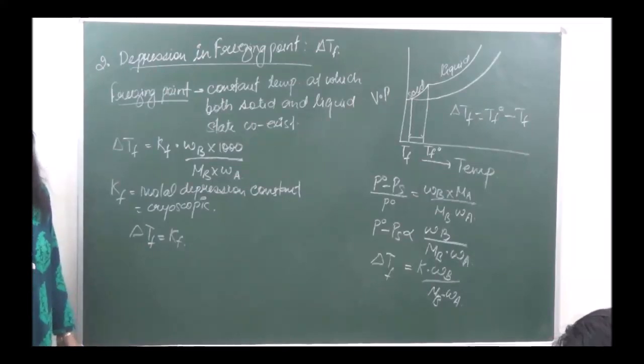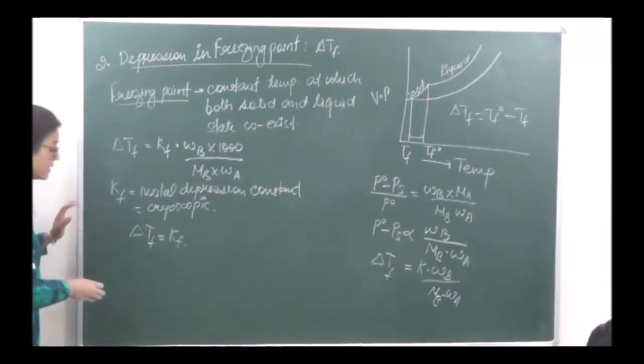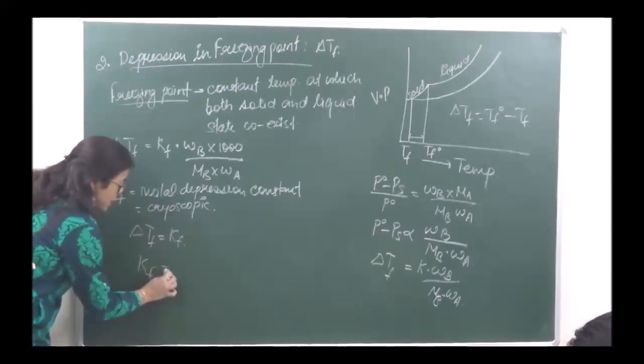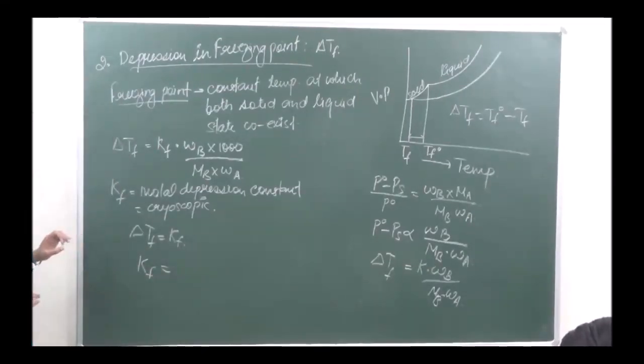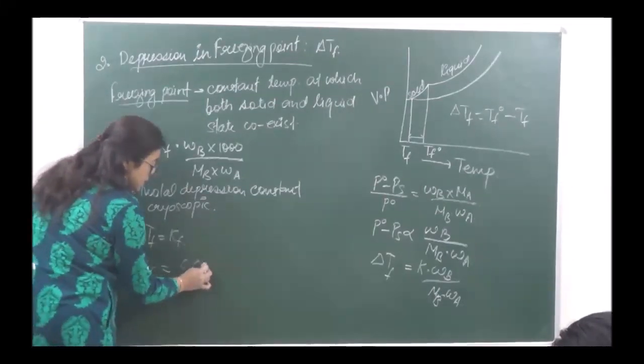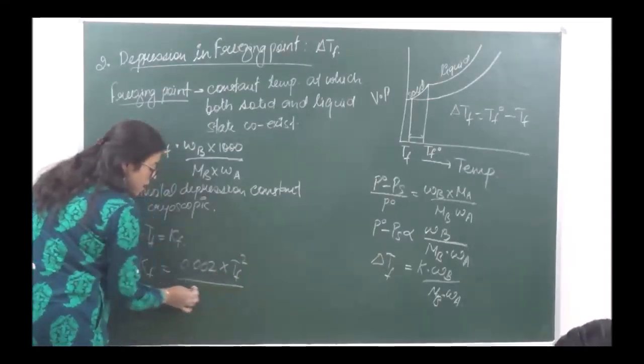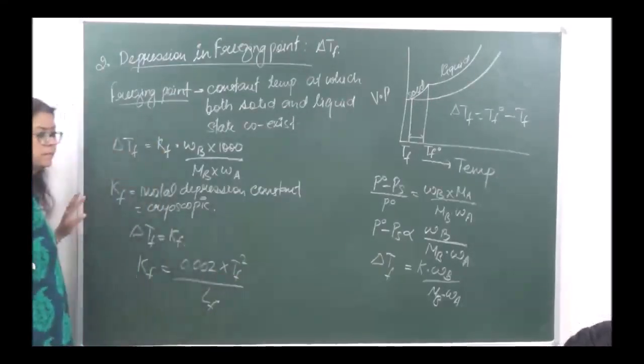Now when we are talking of depression in freezing point, again Kf for different solvents is going to be different. So we can calculate Kf by the formula Kf equal to 0.002 into Tf square upon Lf.